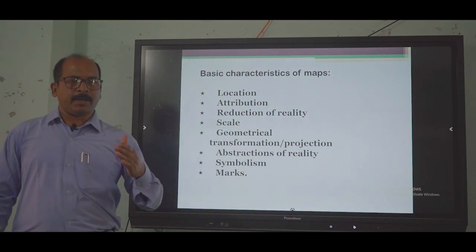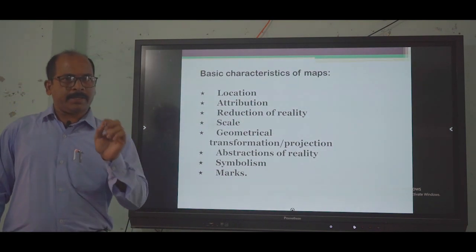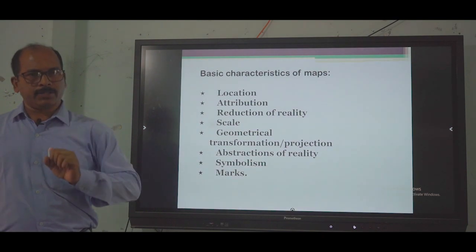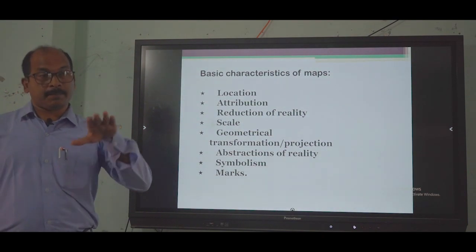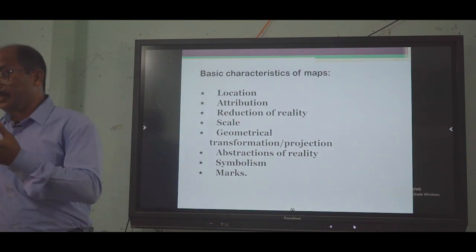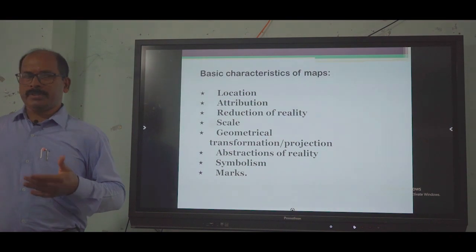Some lines definitely depict that these are rivers. Some points definitely depict that these are hilly points or high altitude points. Some colors, some shading definitely depict that these are the coastal lands, these are the hilly lands, these are the mountainous areas, these are the deserts.